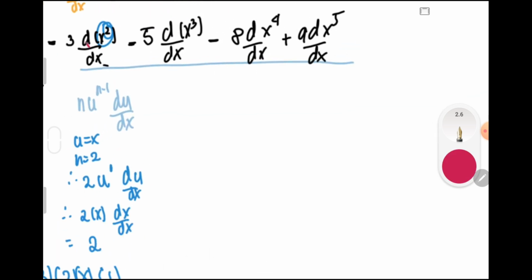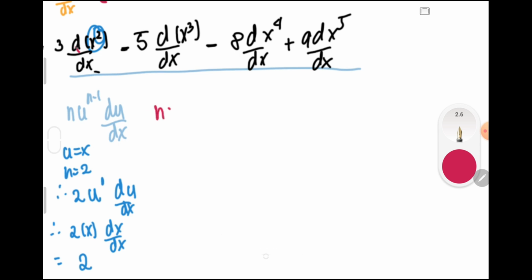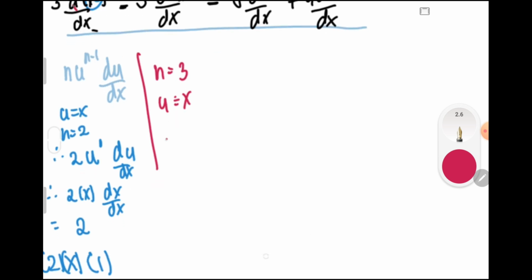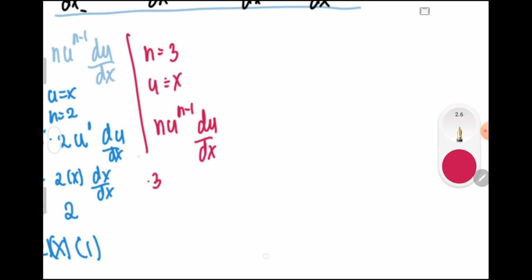We have, let n be equal to 3. Your u will be equal to x. So, therefore, we'll have a value of n u raised to n minus 1 du over dx, which is equal to 3 x raised to 3 minus 1 dx with respect to dx.